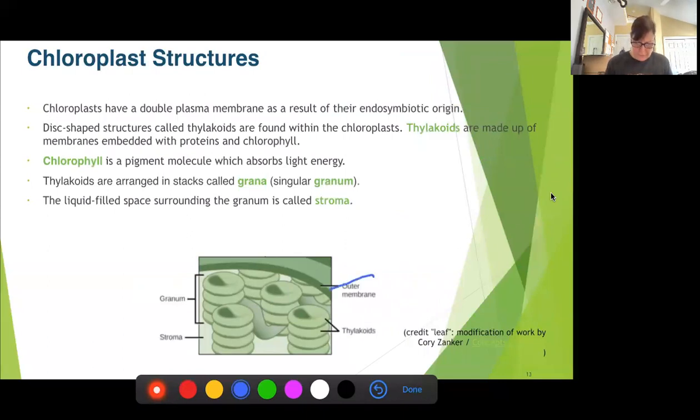We have our outer membrane. The inner membrane, you can say, like the cristae got pinched off into these structures called grana, or a stack called a granum. In here, we have a fluid called the stroma. The actual membrane itself is the thylakoid membrane.